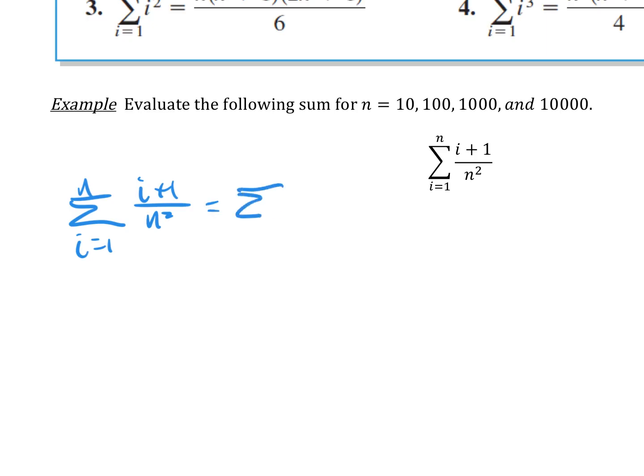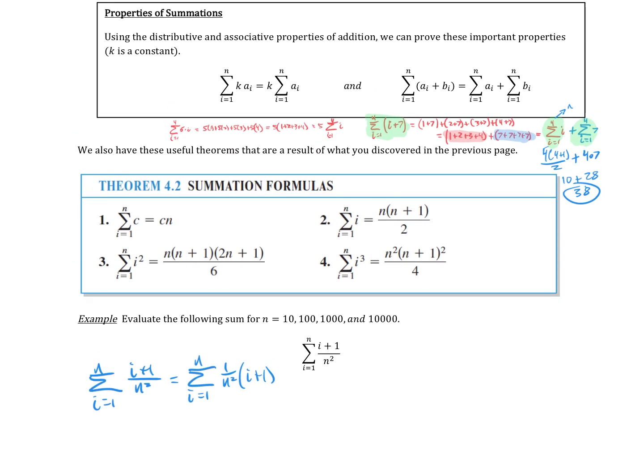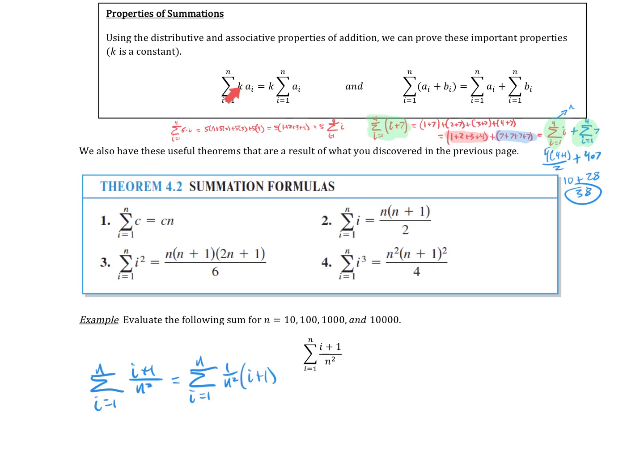Another way that we can write this is the sum from i equals 1 to n of 1 over n squared times (i plus 1). Now, when we have a constant times an expression, that constant can get pulled out, as we found out above.